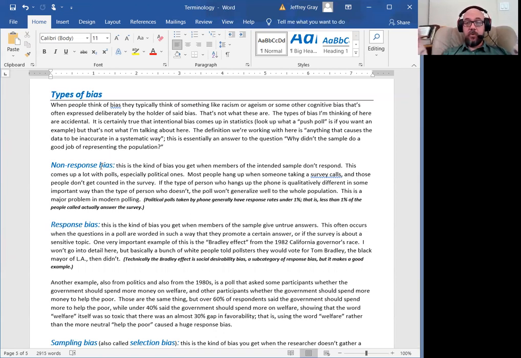This is super common in polling, for instance. Modern polling is usually done by people calling someone on the phone and asking them questions, right? That's really common. It's also common to do it over the internet, which we'll talk more about with response bias. But non-response bias is probably the most common kind in modern polling.